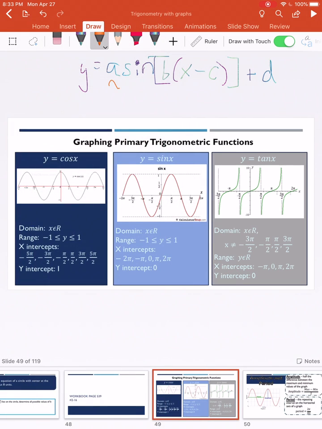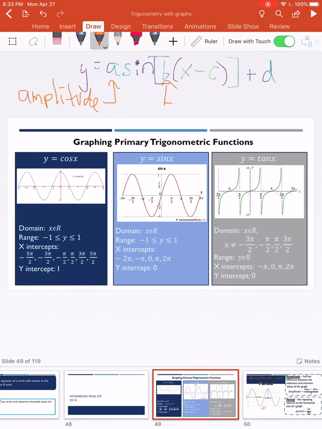is, first of all, the a, you probably, from our transformations unit, you would refer to a vertical stretch. In trigonometry, it's still a vertical stretch, but we also have another word we're going to be using called amplitude, and we will talk about what amplitude means in a little bit here. Okay, the b value you would be using as a horizontal stretch.